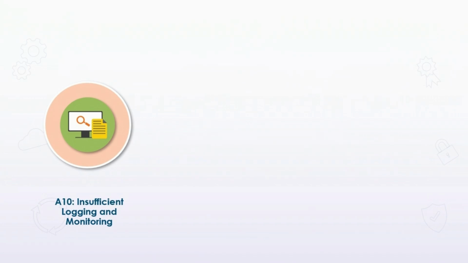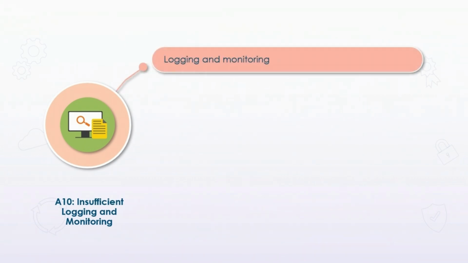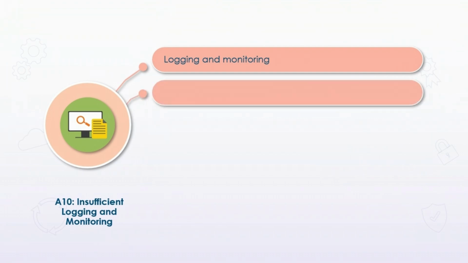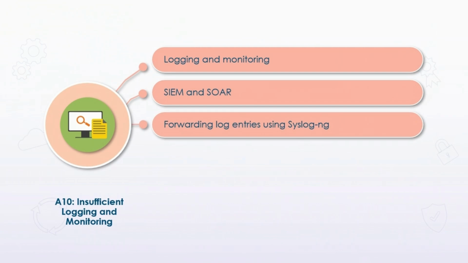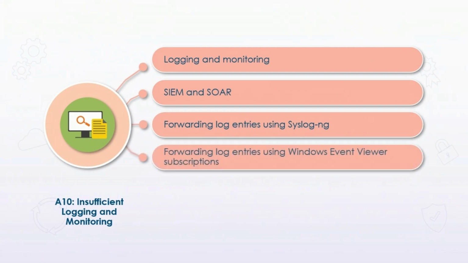So in this course, we've examined how to ensure that monitoring is deployed correctly to ensure the timely detection of past security breaches and also security incidents in the midst of occurring. We did this by exploring logging and monitoring. We examined SIEM and SOAR solutions, how to forward log entries using syslog, and how to forward log entries using Windows Event Viewer subscriptions.